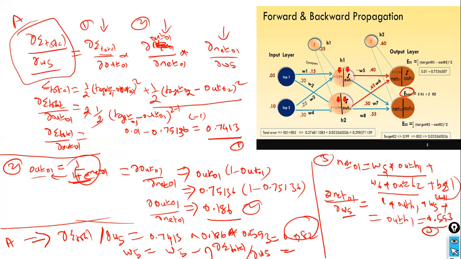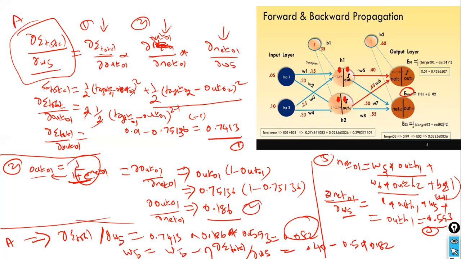So here, when you update this, this is the first iteration. What will happen is the previous weight is 0.40, minus eta, which is something like your learning rate. In this case, I say the learning rate is 0.5. You take a small value, into 0.082.